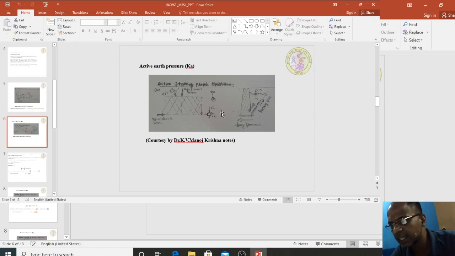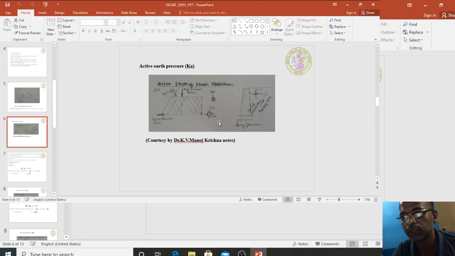Let us consider Z as the depth at which the minor principal stress is acting horizontally and the major principal stress is acting vertically. As long as these horizontal forces are more, the retaining wall will not remain in its equilibrium position, it will move away from it.